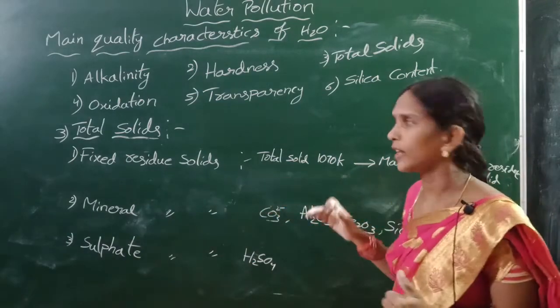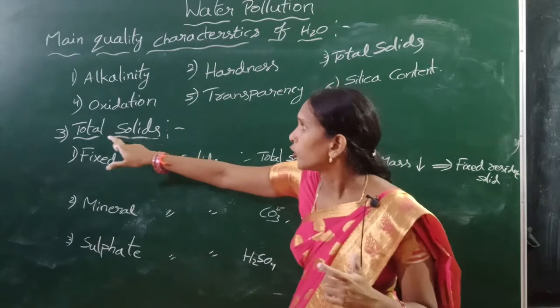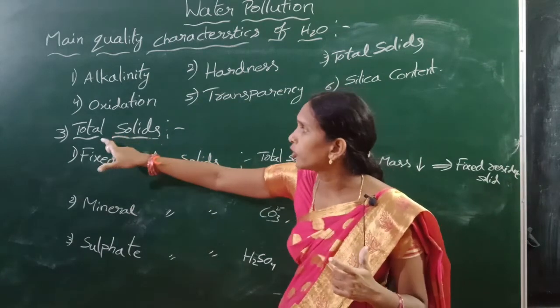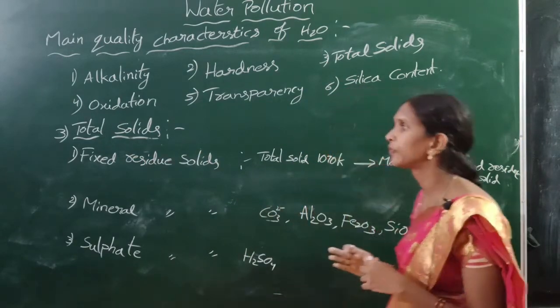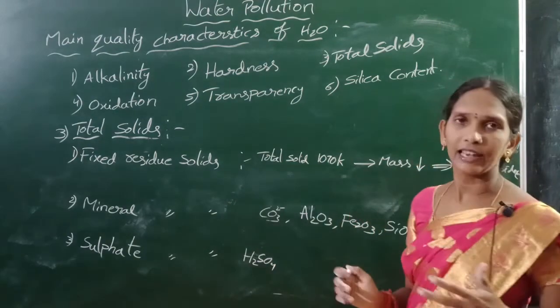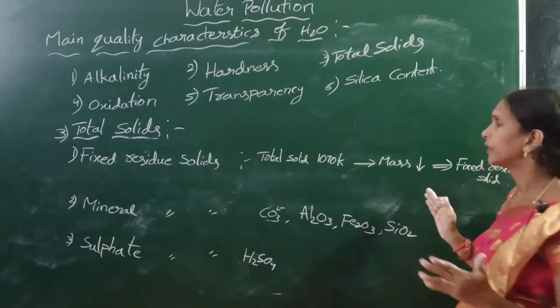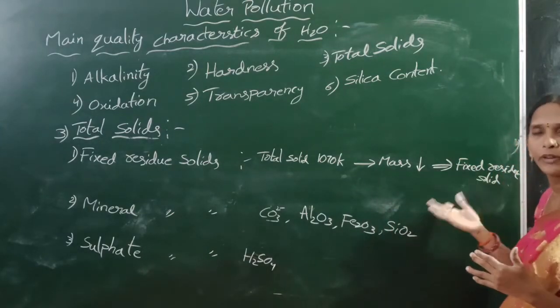Fixed residue solids means the amount of total solids. You can calculate the amount of total solids present in the natural water by heating several times at 1070 Kelvin. The mass can be decreased, and as a result fixed residue solid can be formed.